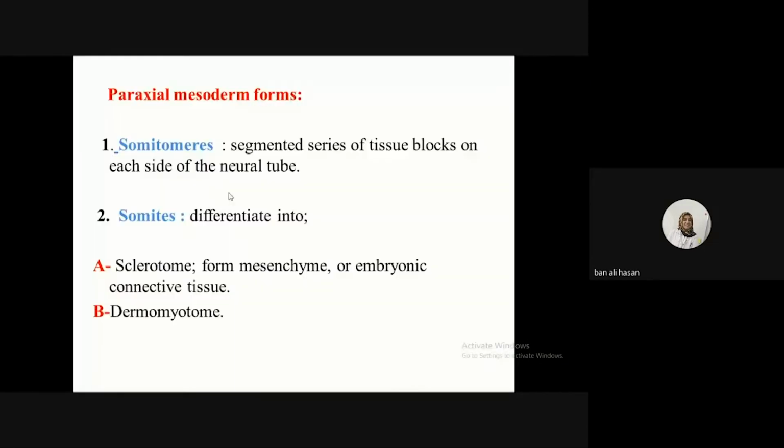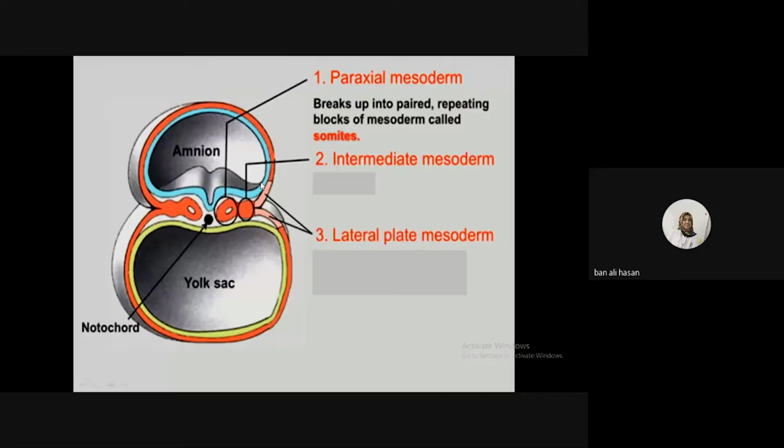The paraxial mesoderm also has the ability to differentiate into other cells that will be the origin for the formation of different parts in the different systems. So the paraxial mesoderm and lateral plate mesoderm will be the origin for the skeletal system, especially the parts that we mentioned.